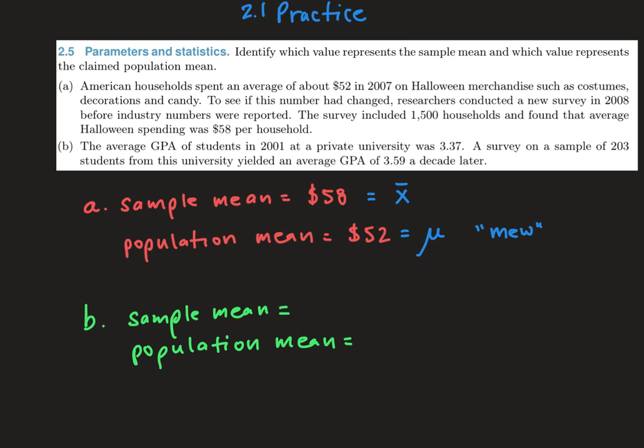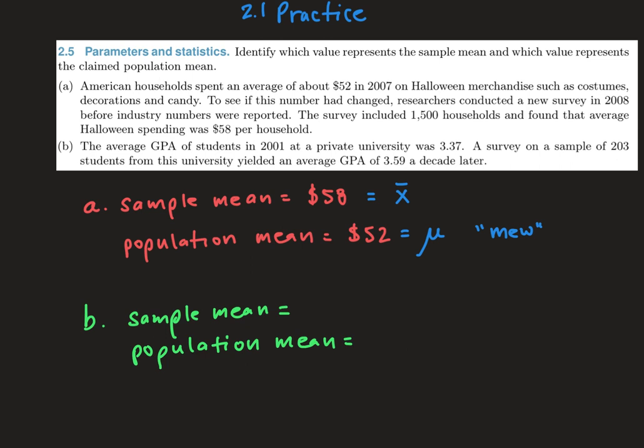The average GPA of students in 2001 at a private university was 3.37. A survey on a sample of 203 students from this university yielded an average GPA of 3.59 a decade later. Again, we want to separate out what comes from the sample and what is claimed to be the population mean prior to that.